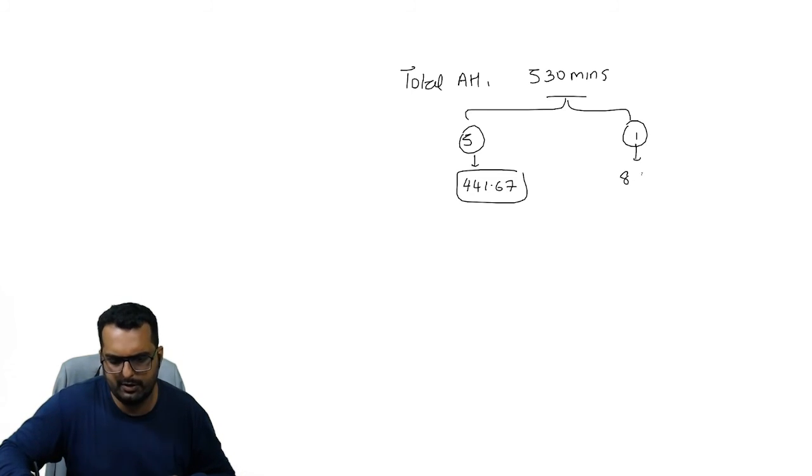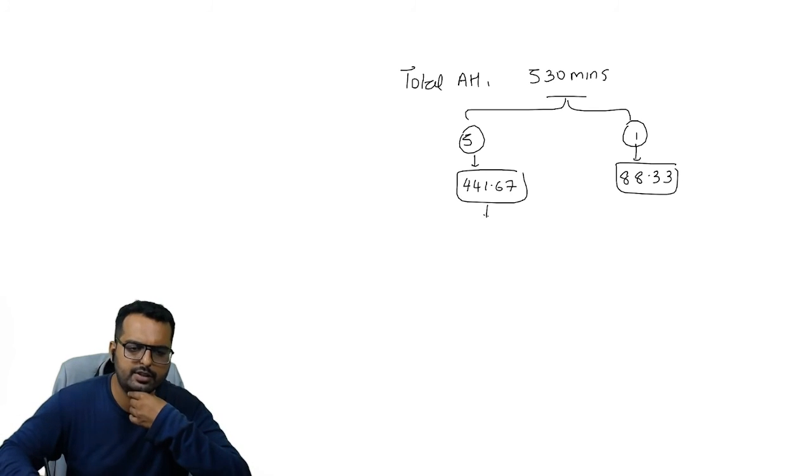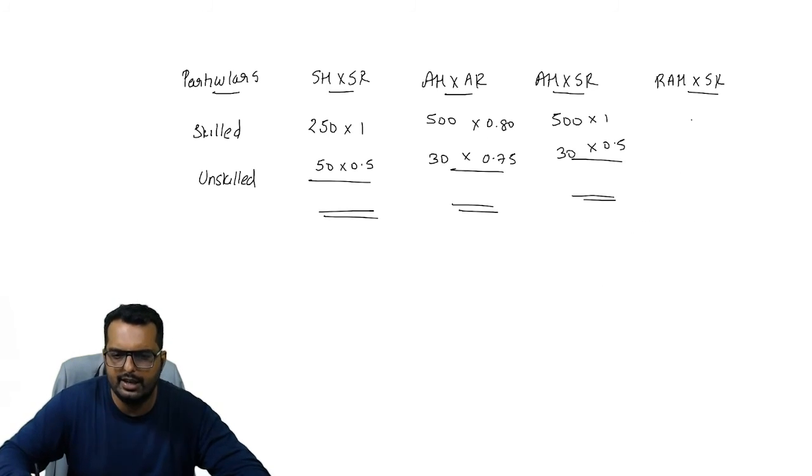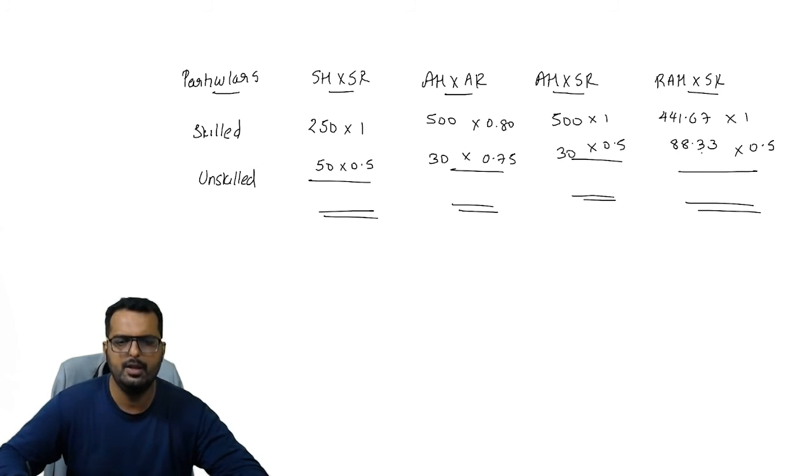And the second one you would get the answer as 88.33. Okay, this should be the time by skilled fellow. This should be the time by unskilled fellow. So 441, 88.33 into SR. Okay, fine. Now rest you can do it on your own friends.